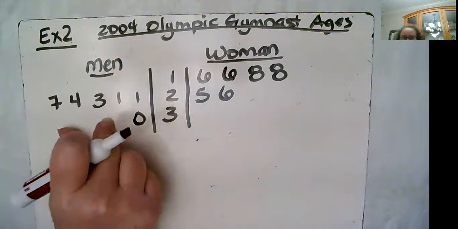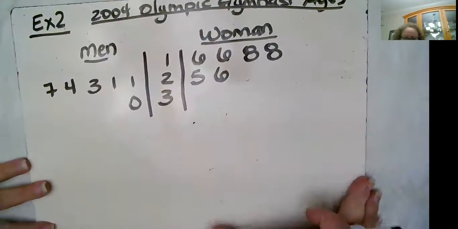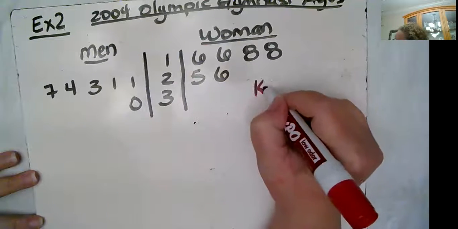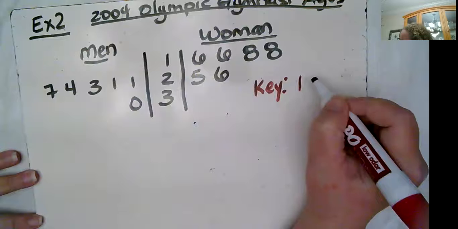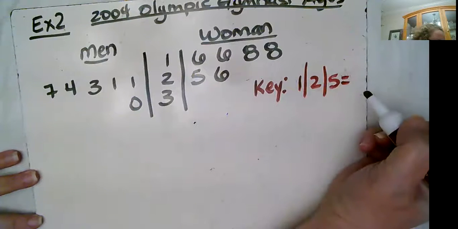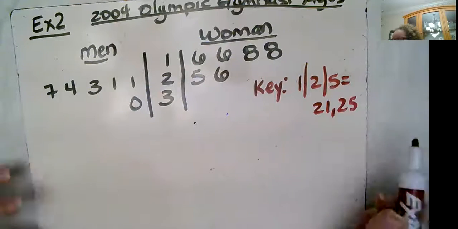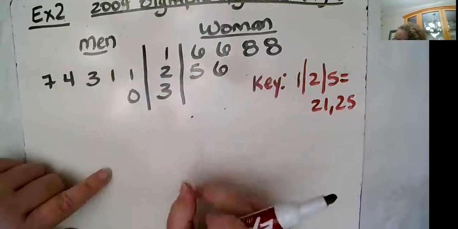It's saying that the men are on the left and the women on the right. So we need to decipher. Does it give a key? Oh, I forgot to put the key. The key says 1 | 2 5 is equal to 21 and 25. These represent the men's side and this represents the women's.